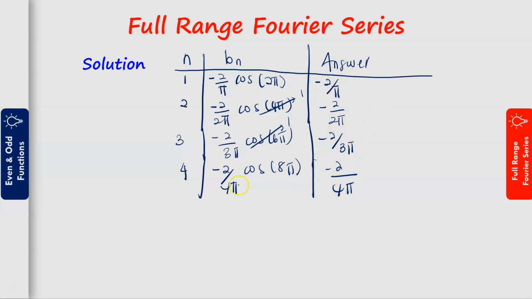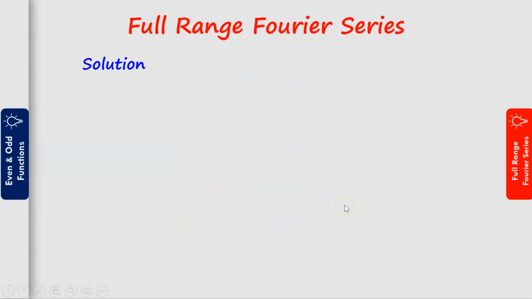And we can see the pattern here. Our Bn has a pattern of negative 2 over n pi for n equal to 1, 2, 3, and so on. So class, based on this, we need to form a Fourier series. Remember that the previous solution is, our A0 is equal to 3, and then we have our An equal to negative 4 over n squared pi squared when n equals 1, 3, 5, and so on.